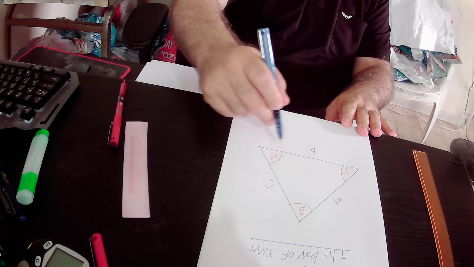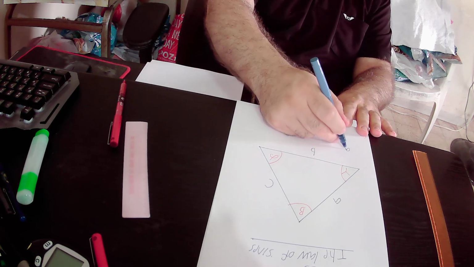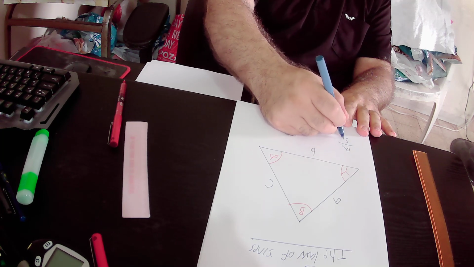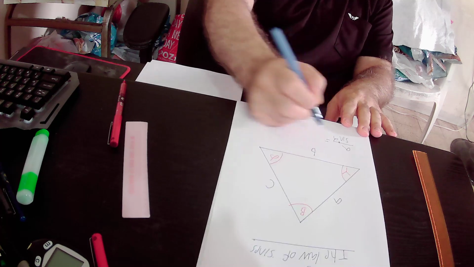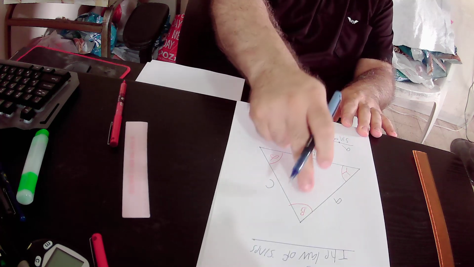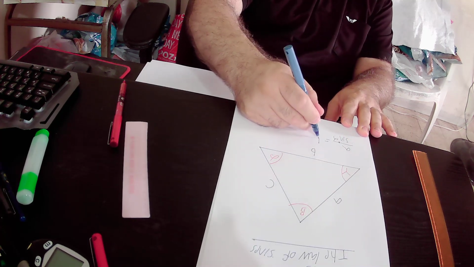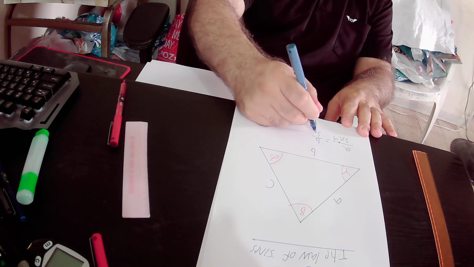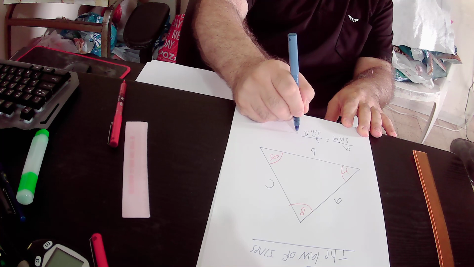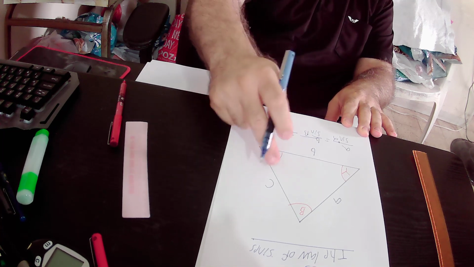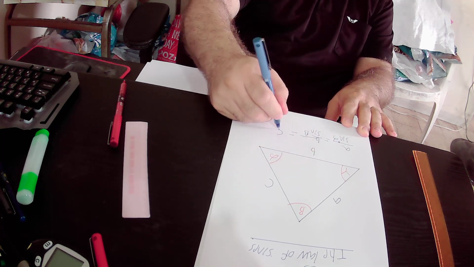A over sinus alpha equals B over sinus beta equals C over sinus gamma.